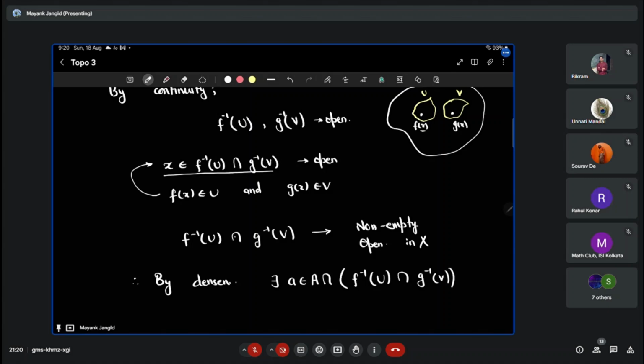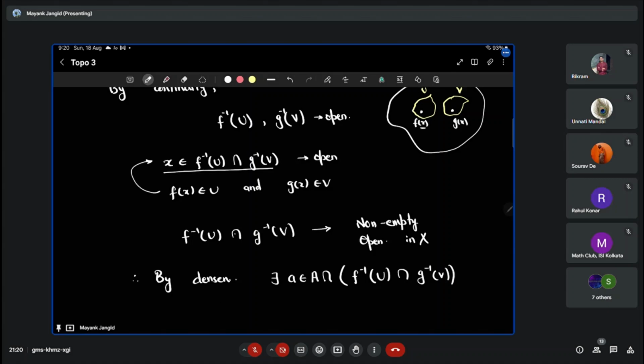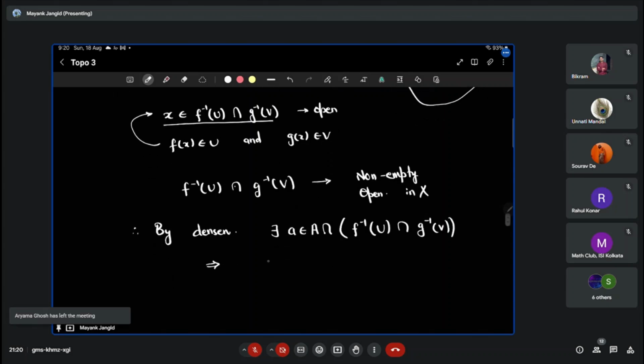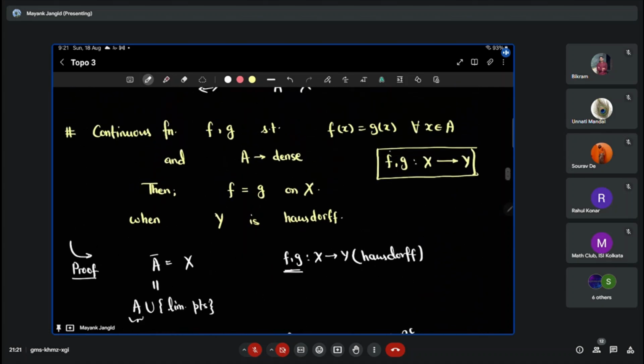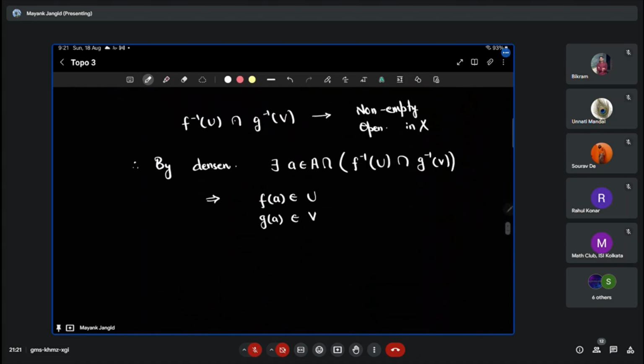So what this means is that f of a is in U, and g of a is in V. But the hypothesis of the statement was that f and g agree on A. Therefore, these two quantities are equal.